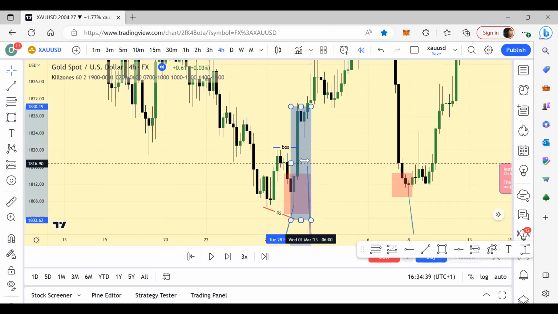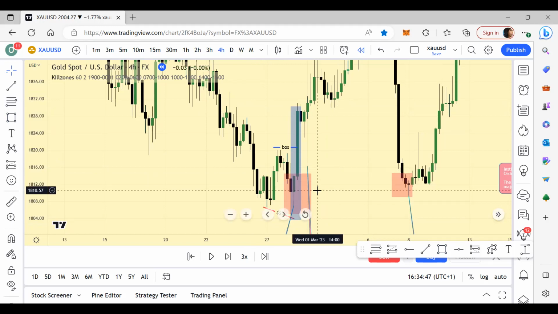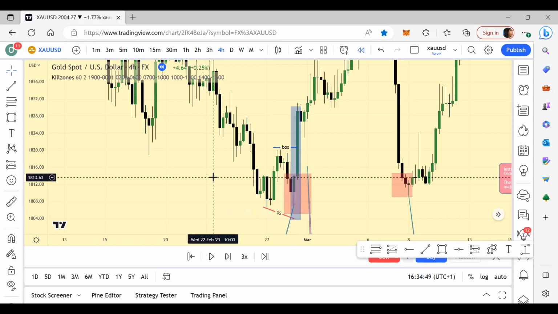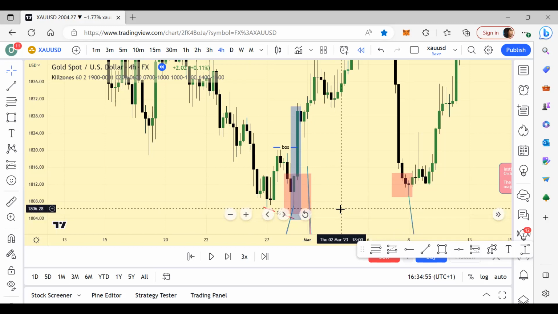And I said that there are some high probability ones that price will come to and react from. There are three characteristics: order blocks that sweep liquidity, order blocks that break structure, and order blocks that contain imbalance.